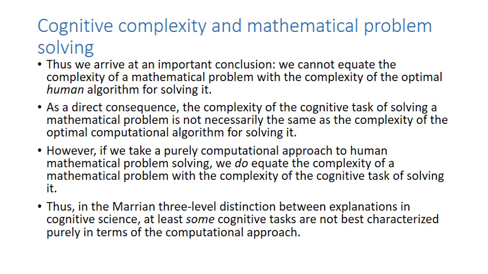But this goes against the Marrian approach of taking the purely computational stand on this question. Because if you take the purely computational approach to human mathematical problem solving, we do equate the complexity of a mathematical problem with the complexity of the cognitive task of solving the problem. Thus, in the Marrian three-level distinction between explanations in cognitive science, it seems clear that at least some cognitive tasks are not best characterized purely in terms of the computational approach.